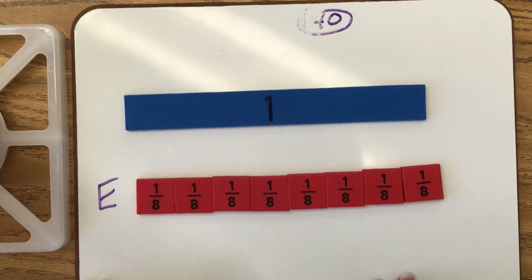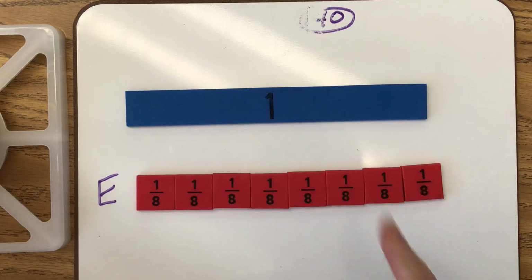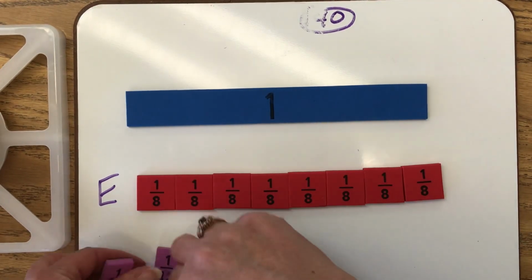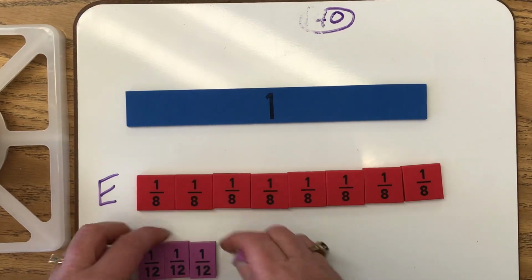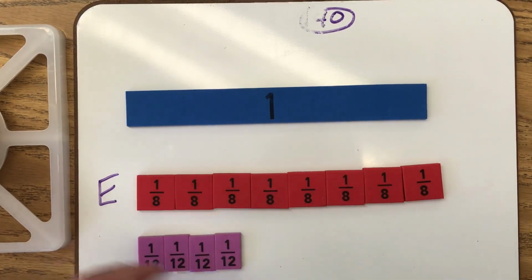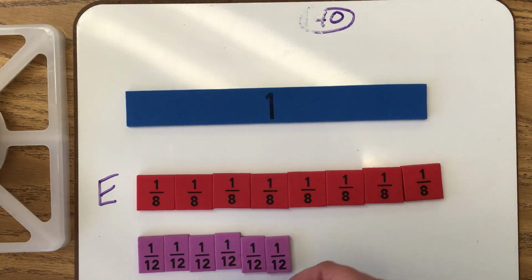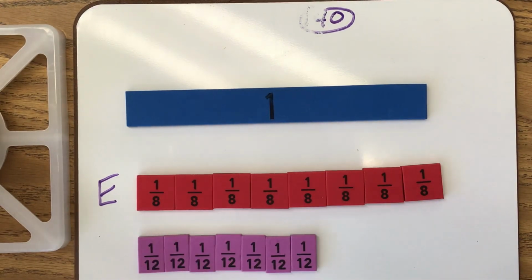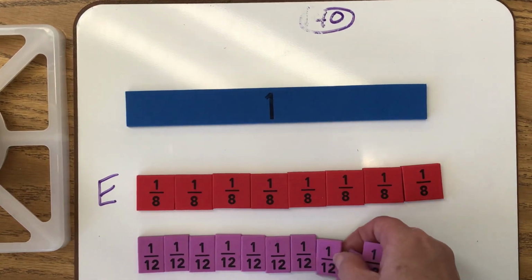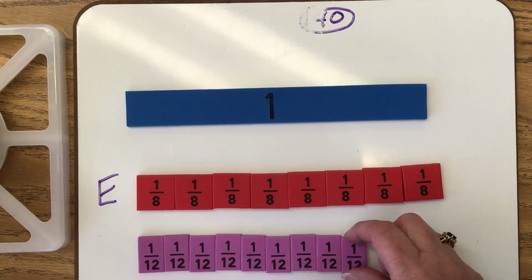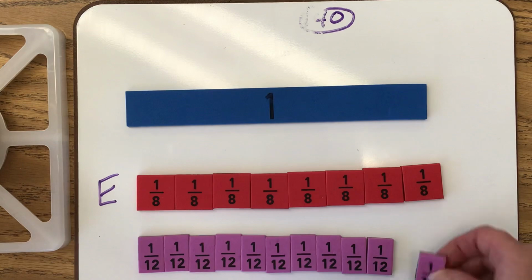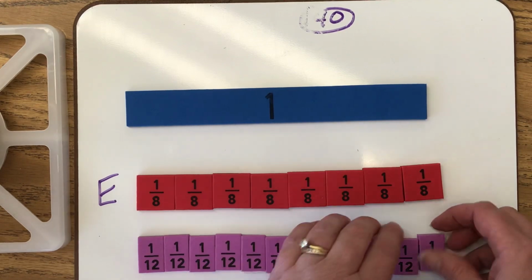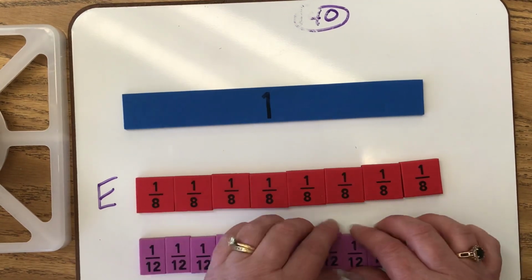Okay, and then we have Jaden. Same size board, but he cut his into 12 equal pieces. So here are Jaden's. So we need to have 12/12 for Jaden, because 12/12 is the same thing as 1. It's equivalent to 1, and it's also equivalent to 8/8, because 8/8 and 12/12 are both equivalent to 1.